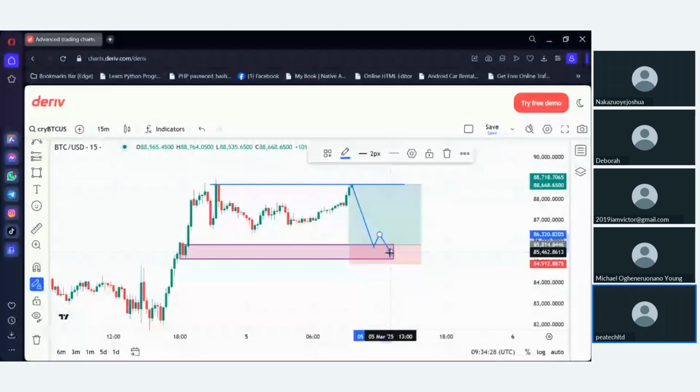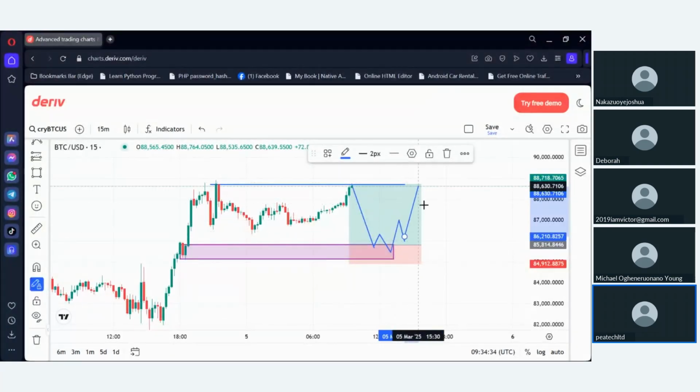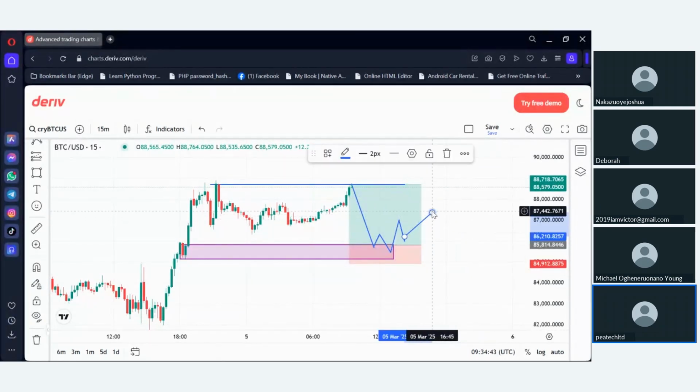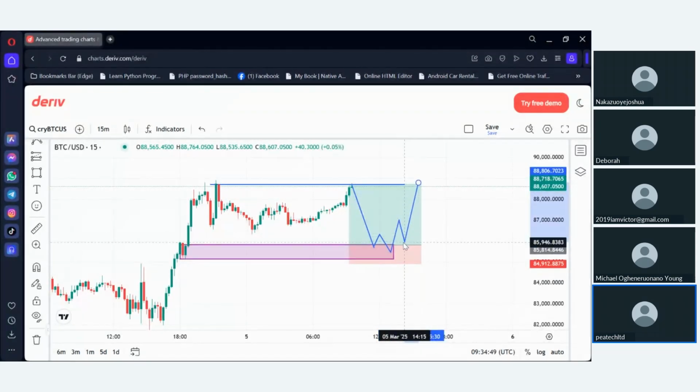It can even come down, then break out of this point, and maybe retest, and boom, up we go, right? So this is what we are looking for the market to do before we can take this entry.